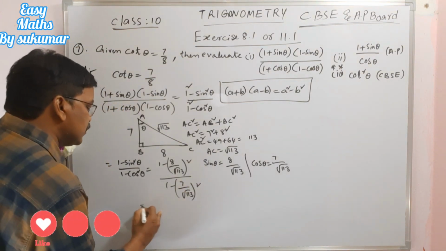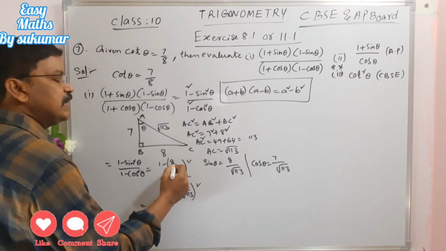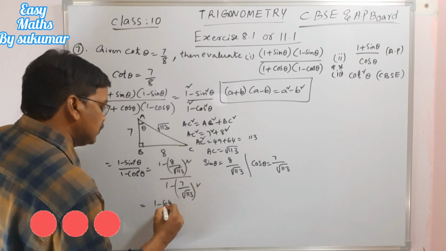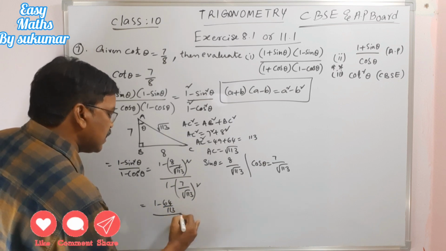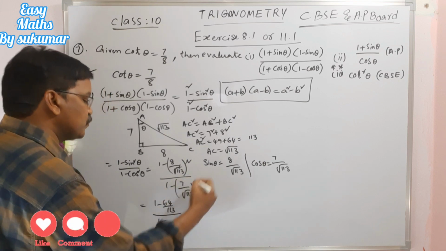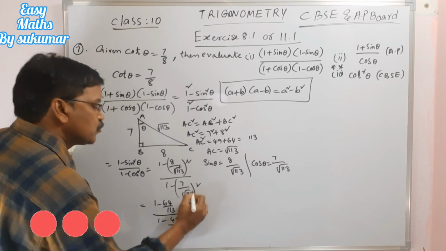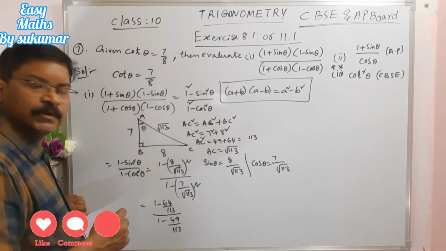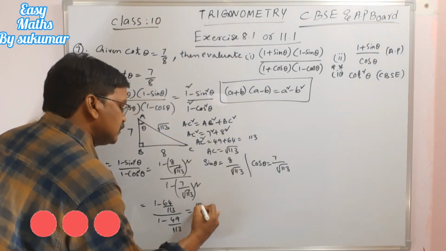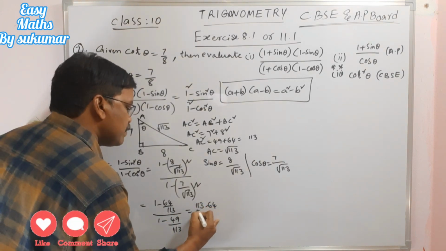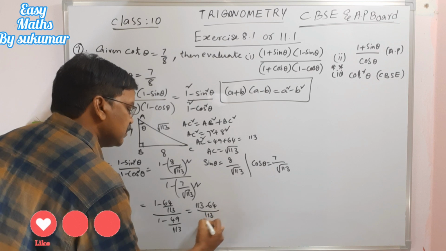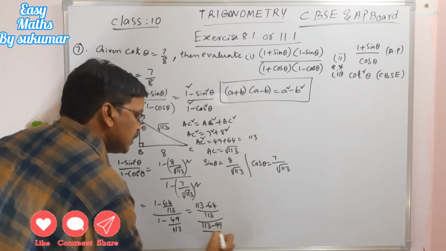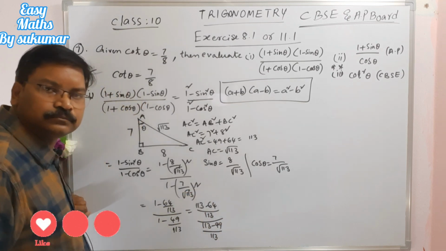So this is equal to, my dear students, 1 minus 64 by 113, because square and root get cancelled, by 1 minus 49 by 113, similarly square and root get cancelled. Okay, so finally (113 minus 64) by 113 whole by (113 minus 49) by 113.